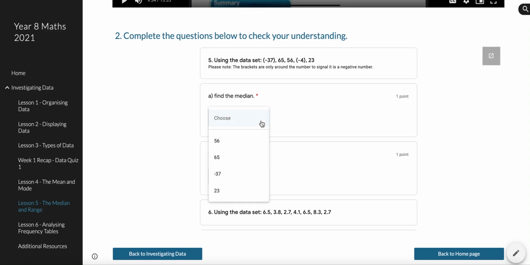Now that we know our median was 23, the range is just going to be the highest score, so the highest score was 65, minus the lowest score. Now the lowest score was negative 37. So remember to put that minus in on your calculator when you're calculating.